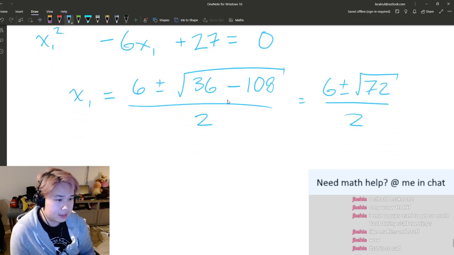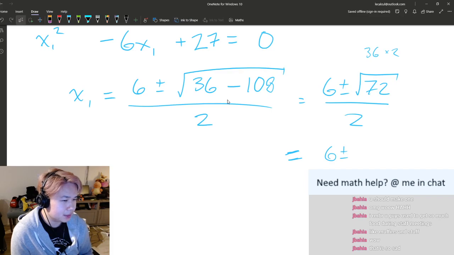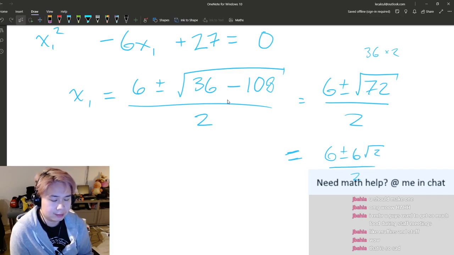Let's see, root 72 is 36 times 2, right? So this is 6 plus 6 root 2 over 2. So x1 could be 3 plus 3 root 2.